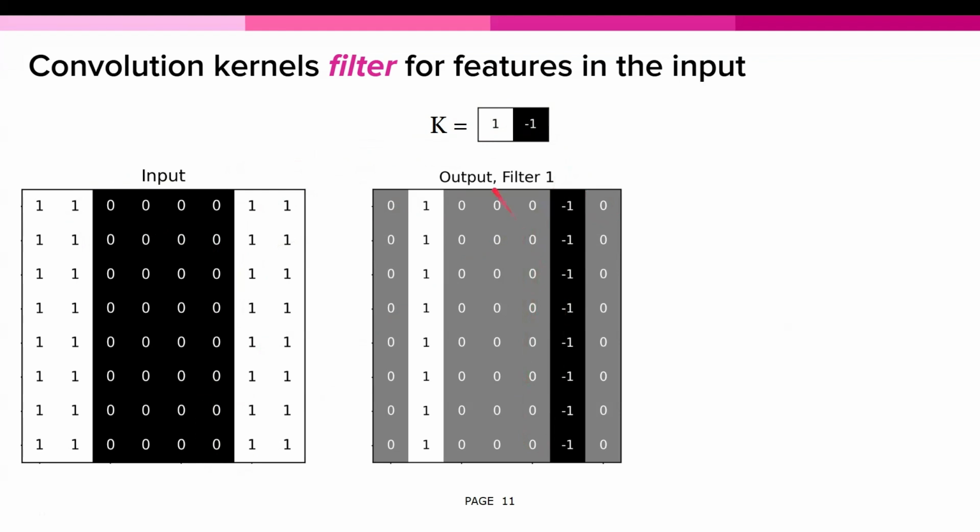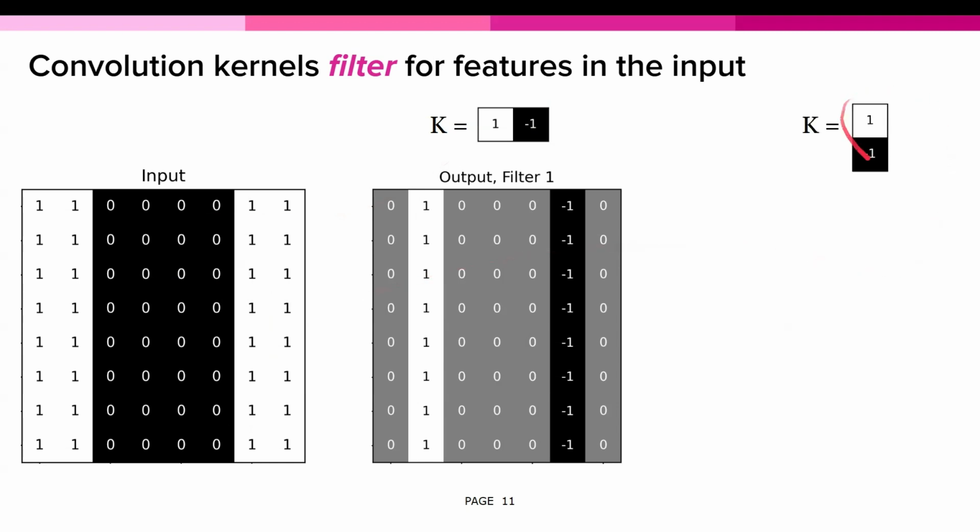This particular kernel is a special case of a finite difference operator. This is a basic method for detecting edges or boundaries in an image. It's a discrete approximation of the first derivative in the horizontal direction specifically, and so it captures horizontal changes in pixel intensity.